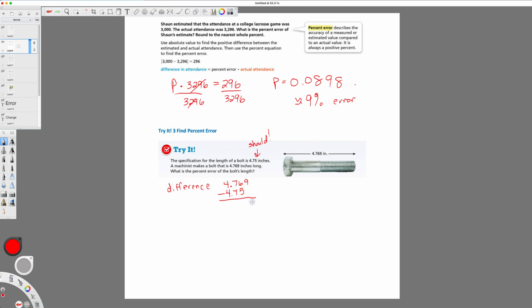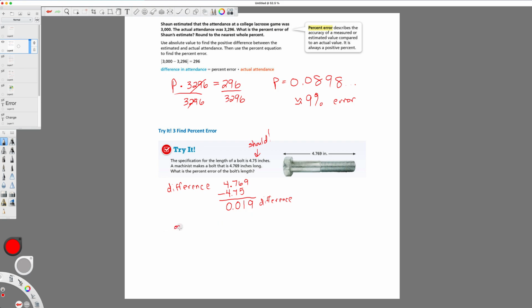And when I do that subtraction, I get a difference, seemingly pretty darn small, 0.019. And then to figure out what percent that is, I need to compare to what the bolt should have actually been. What it should have been is the 4.75. So I need to compare this difference to the 4.75.